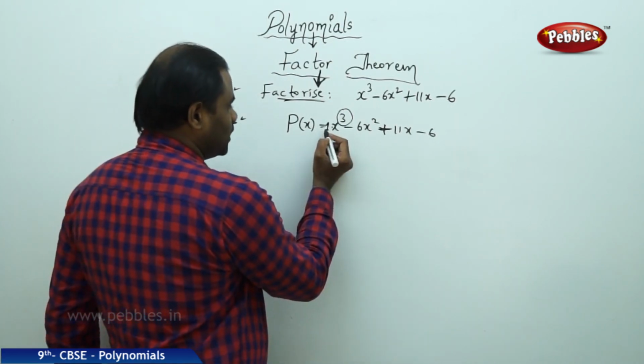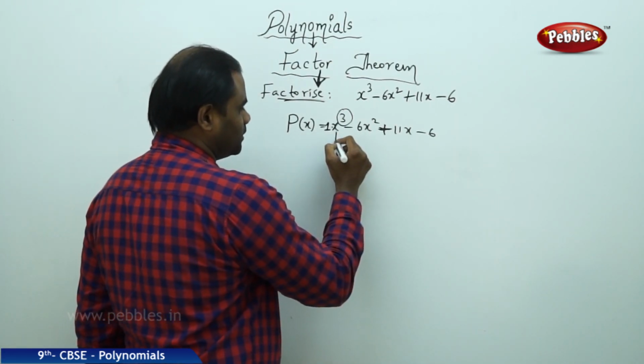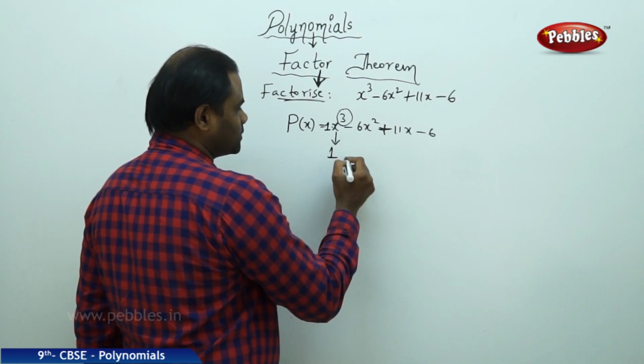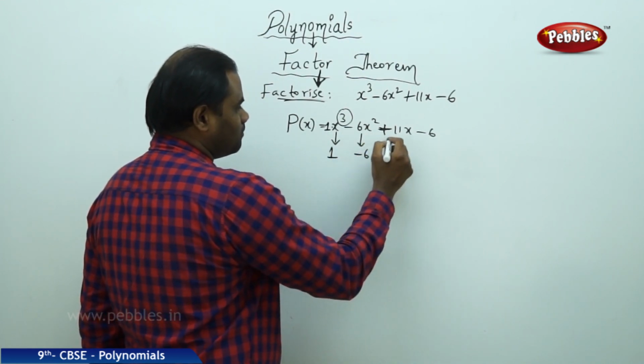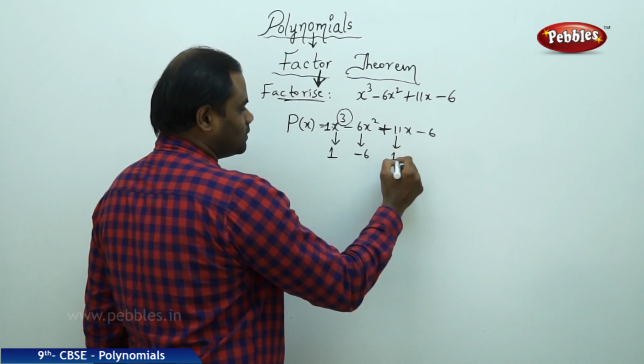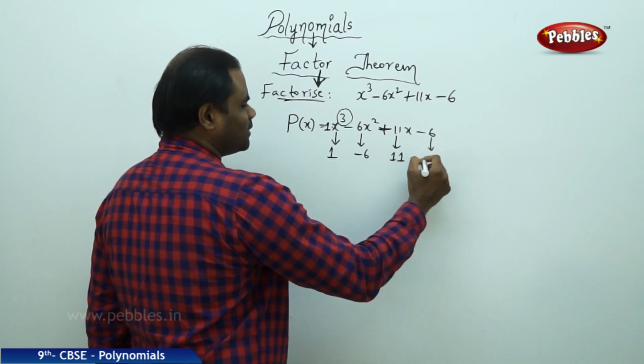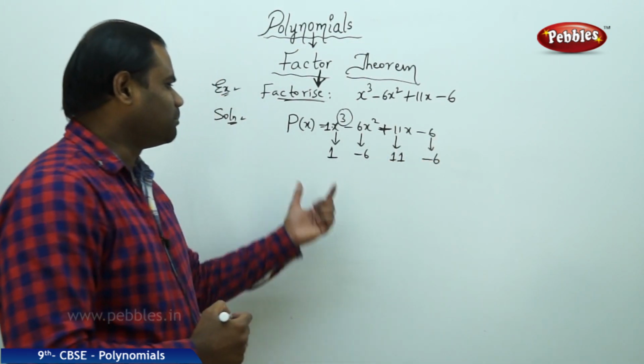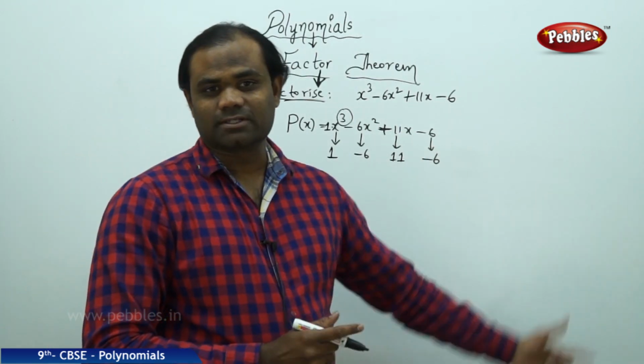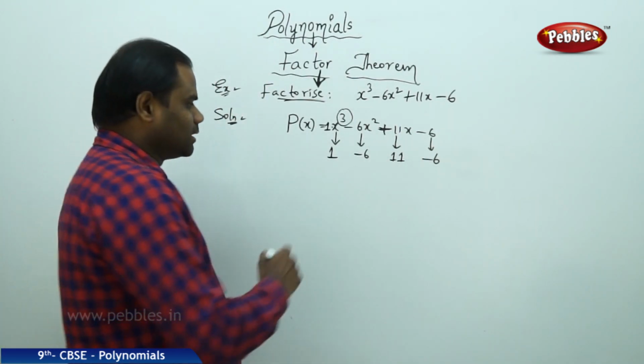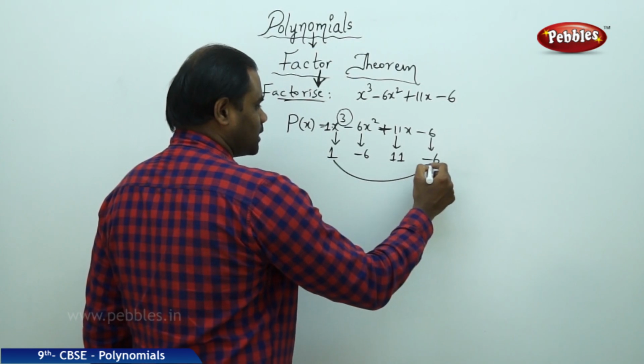So now that rule 1 is satisfied, I pick all the coefficients: 1, minus 6, 11 and minus 6. I pick all the coefficients of this given polynomial and then I take the first and the last.